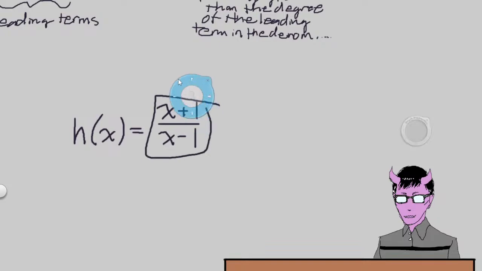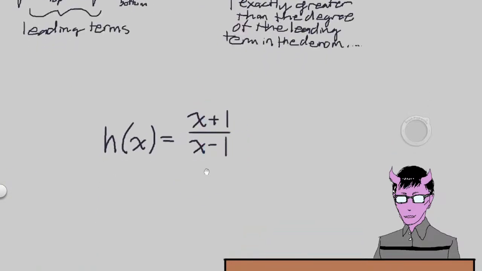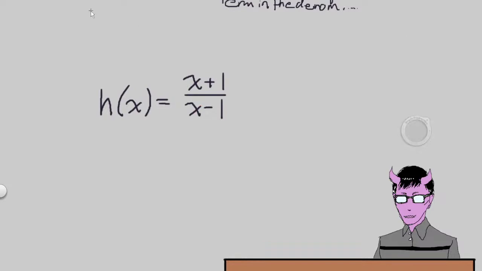So this one qualifies for scenario B. So same analysis. We ask ourselves, what are the domain problems we can get? Well, if the bottom equals 0, how do we make the bottom 0? If x is equal to positive 1. This will cause your function to fail.